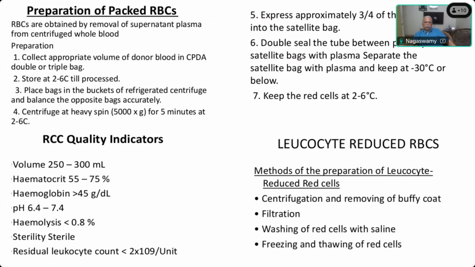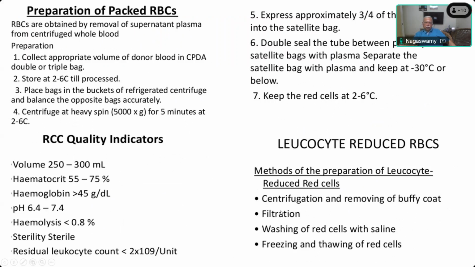Then the next type of RBC is leukocyte reduced. In packed RBCs, you have some amount of leukocytes still present; you have not removed all those WBCs. So if you want specifically, you can use what is called leukocyte reduced RBCs. For preparing that, you do the centrifugation and remove the buffy coat on the top.